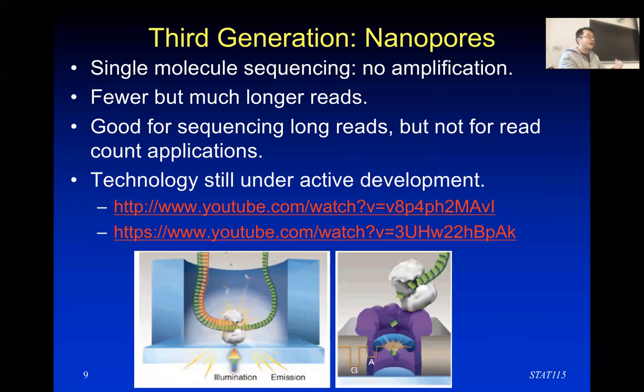In Oxford Nanopore, when the molecule goes through, different nucleotides passing through produce different electric signals. That's how it knows which nucleotide is at that position.